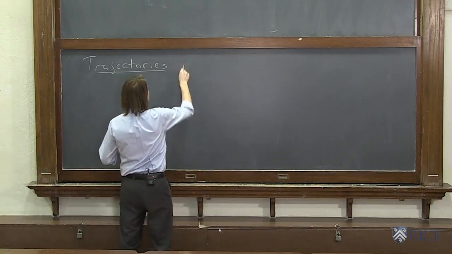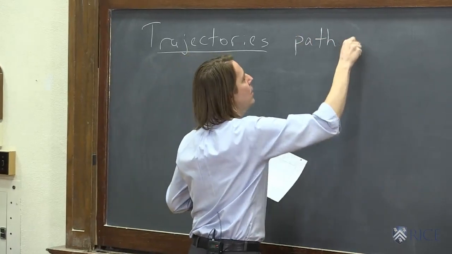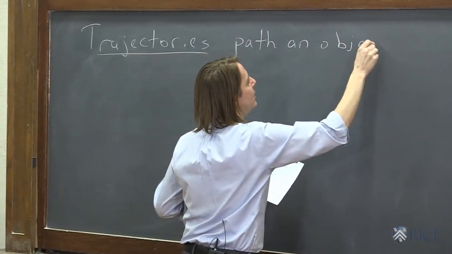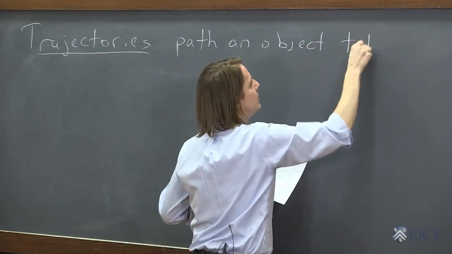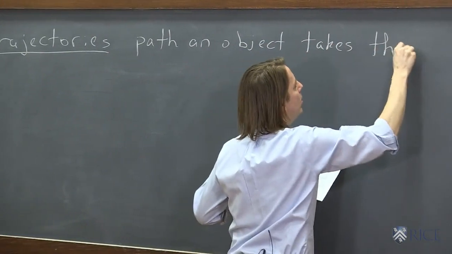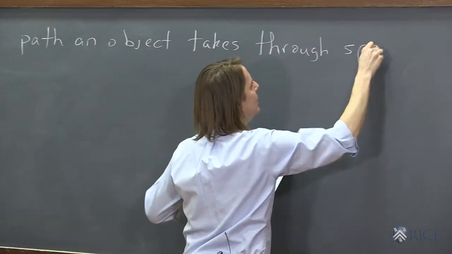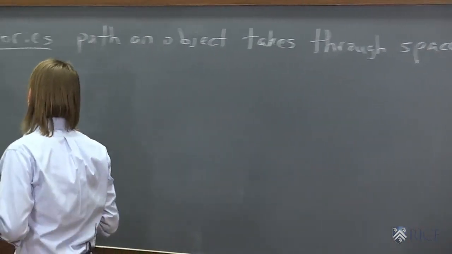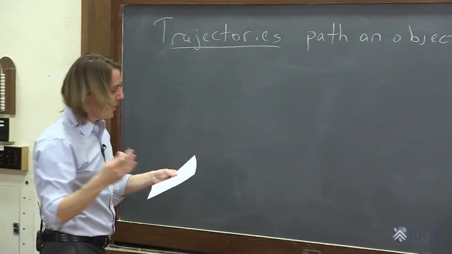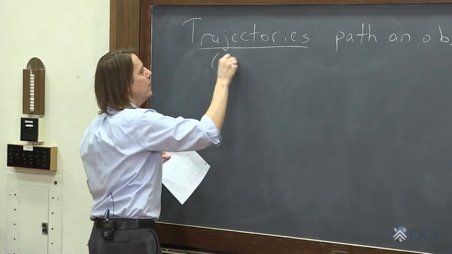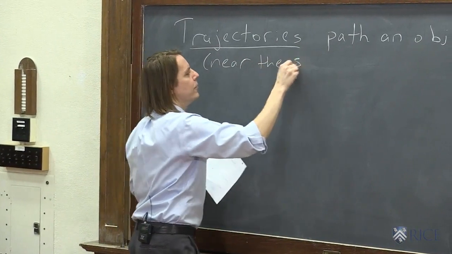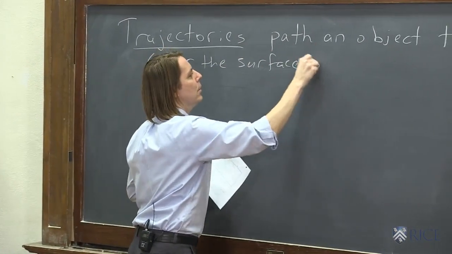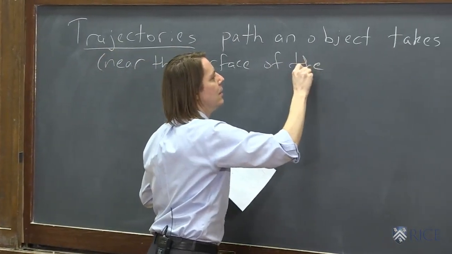We know a trajectory is the path an object takes through space. And here in intro physics, we always talk about the special case near the surface of the Earth.